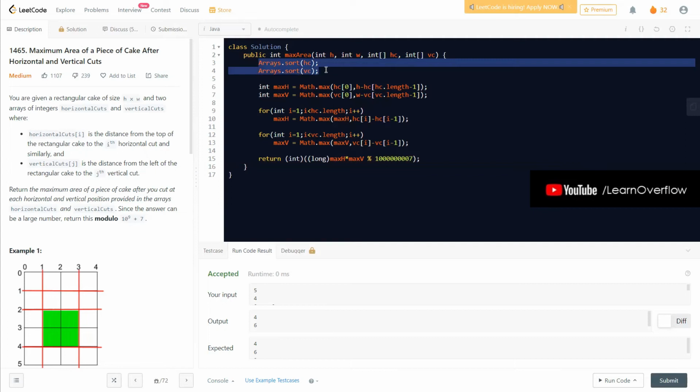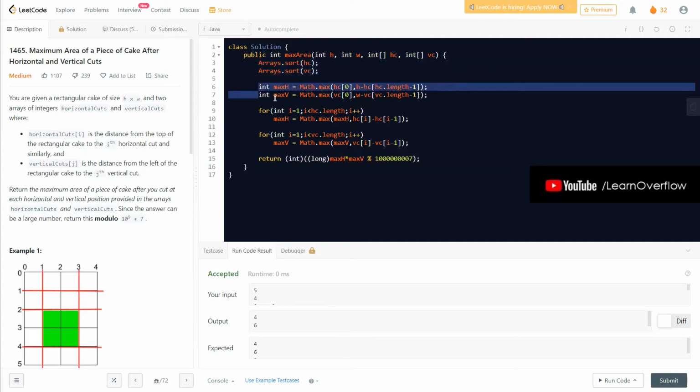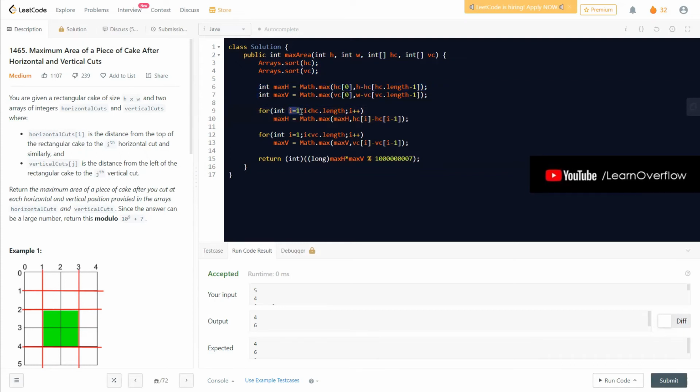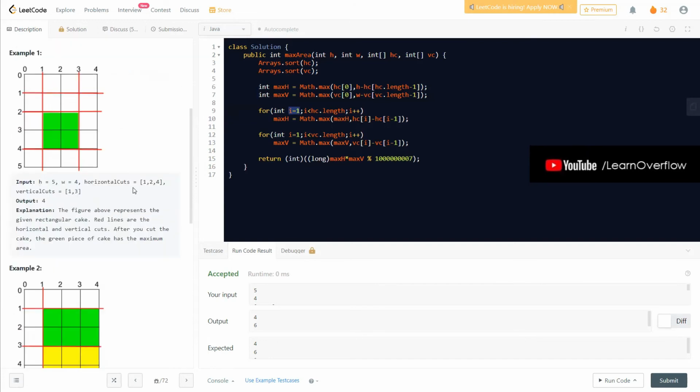Now I'm explaining this. Initialize the horizontal maximum and the vertical maximum. First, look at what exactly we did here. We went through i equal to 1 till the complete length, all the elements in the horizontal cuts.